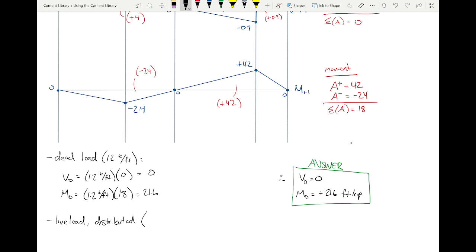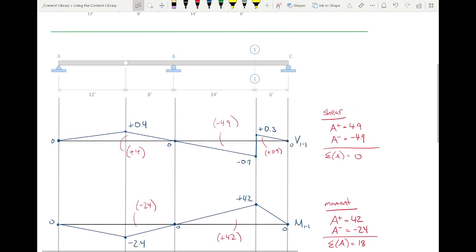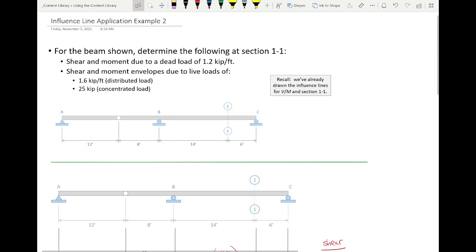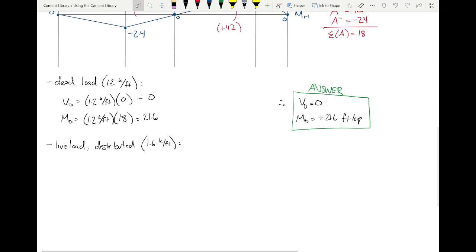My goodness. You put 1.6. But that's the live load. That is this time. Any other criticisms? I was just checking. I'm just messing with you.